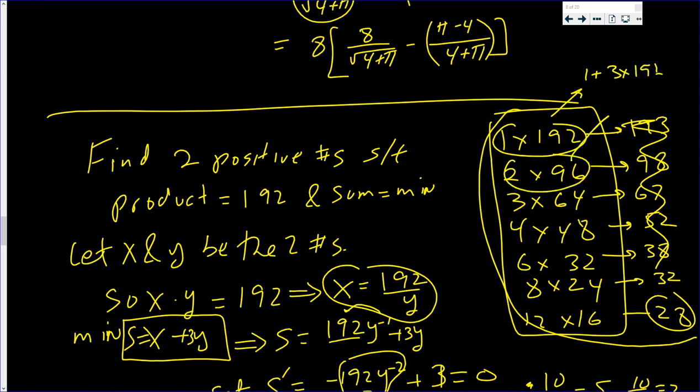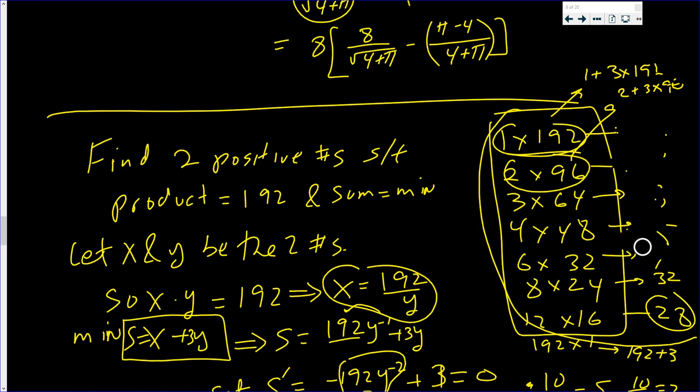For that pair, I was supposed to do 2 plus 3 times 96, etc. Of course, if I have 1 and 192, I should also have 192 times 1. And that sum should be 192 plus 3 ones. You should do that with all the 14 combinations.